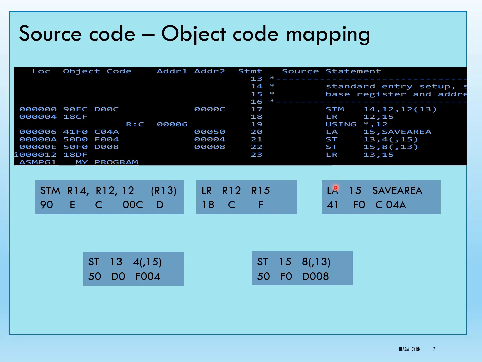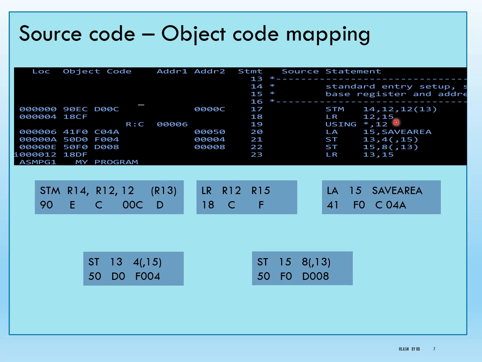Then look at this, we have done it. LA 15,SAVEAREA. LA is nothing but 41. 15 is nothing but F. There is no second register here, so it is 0, 41F0, and save area is at a displacement of 04A from the base register. This is what I have explained there. Why are you using USING *,12?